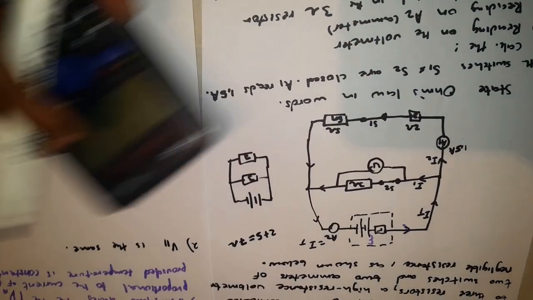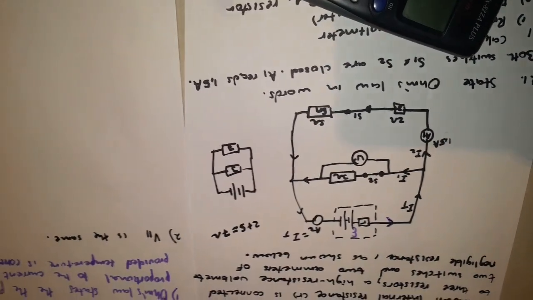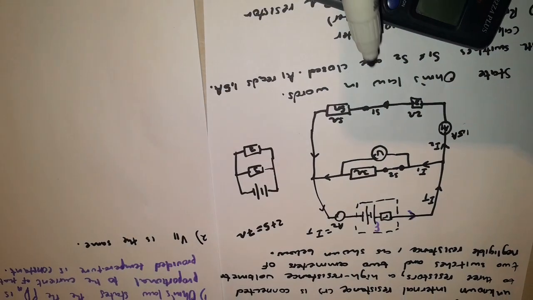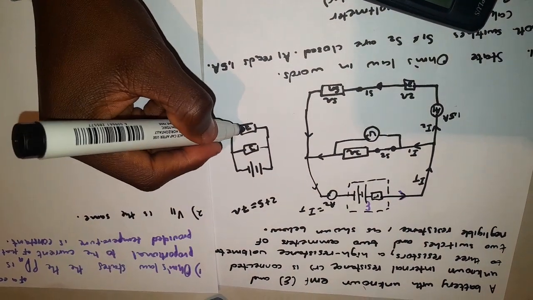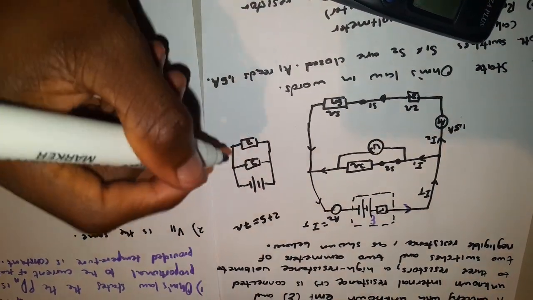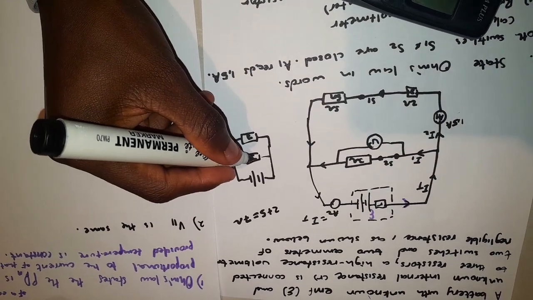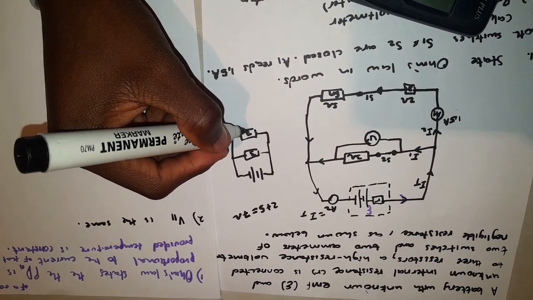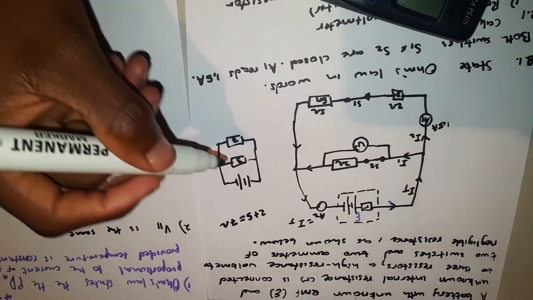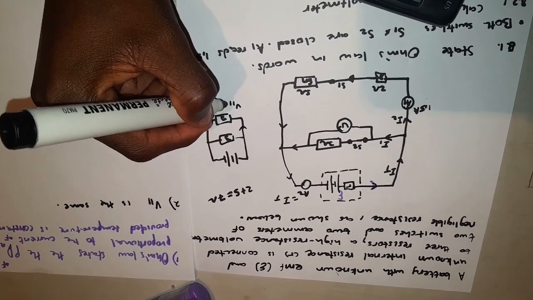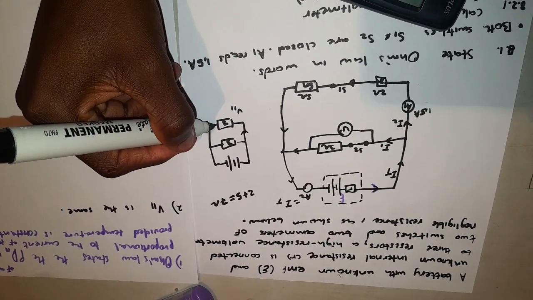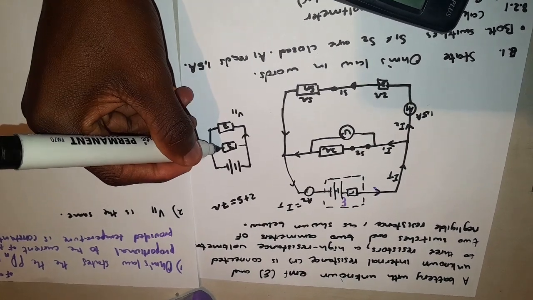Okay, so now we know another thing: this resistor 1 and this resistor 3 and the resistor with 7 ohms are parallel to each other, which means that the voltage will be the same. The voltage that passes through here will be the same voltage that passes through here.